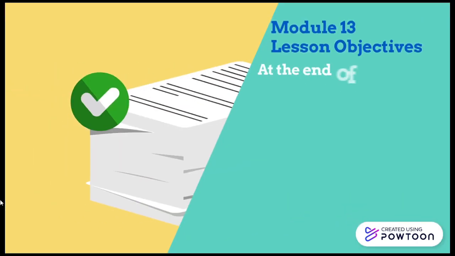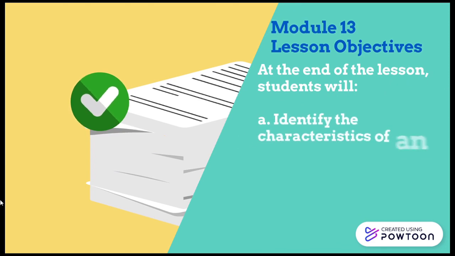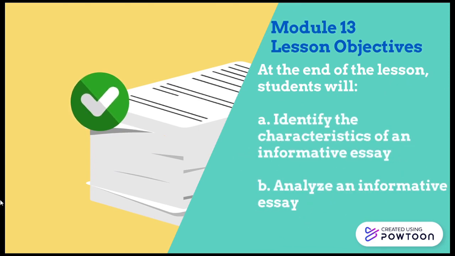Before we proceed with the formal discussion, let's have first the lesson objectives. First, the lesson objectives for Module 13: at the end of the lesson, the students will be able to identify the characteristics of an informative essay, and analyze an informative essay.